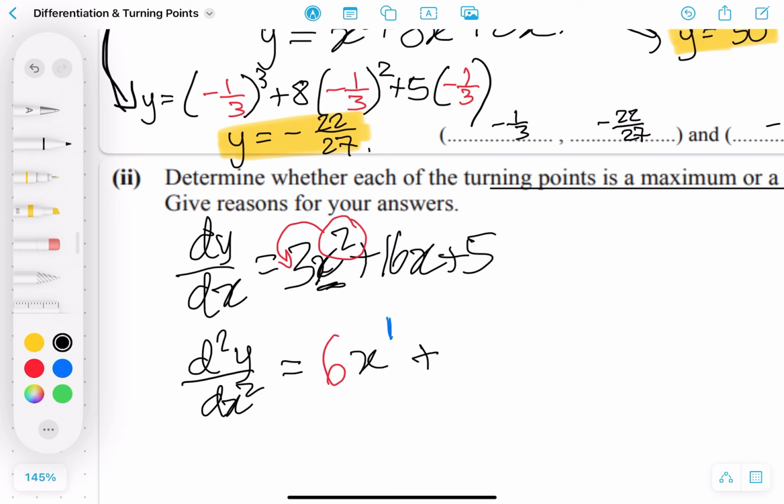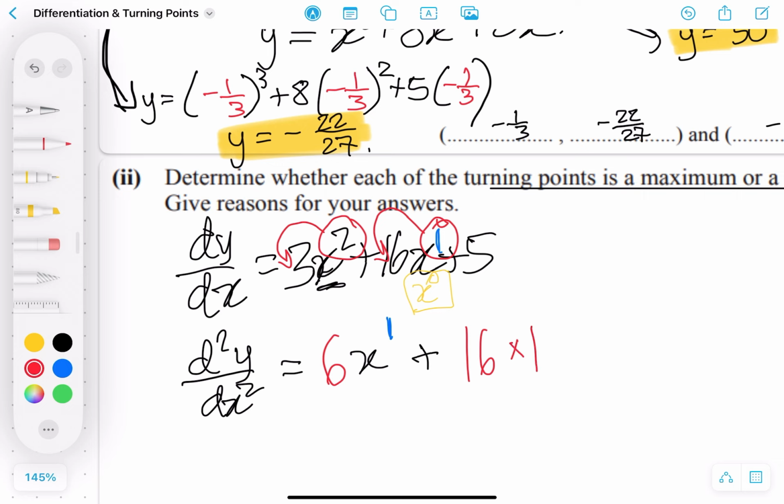For the second term, 16x can be rewritten as 16x to the power of 1. So we take this power of 1 multiplied by 16, which gives us 16, and reduce the power by 1, so x to the power of 1 minus 1, which is x to the power of 0. But we know that x to the power of 0 is 1. So therefore, this is just 16 times 1.